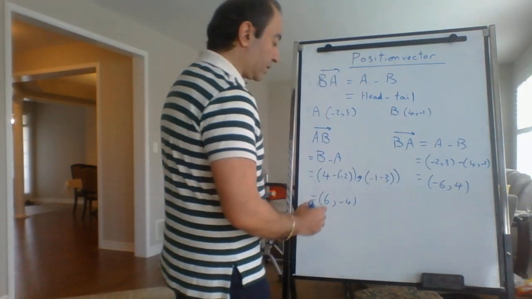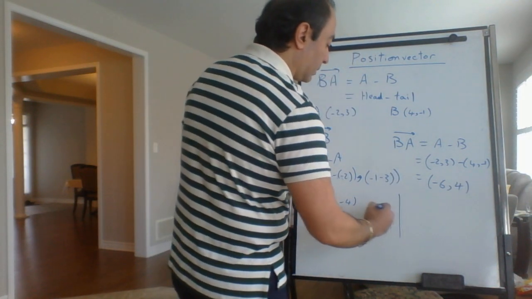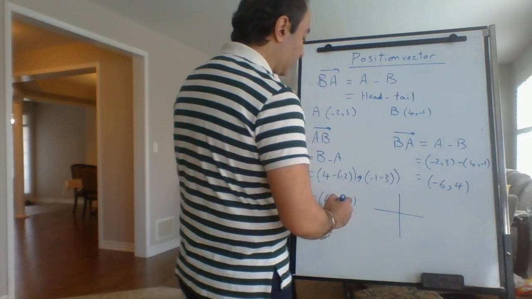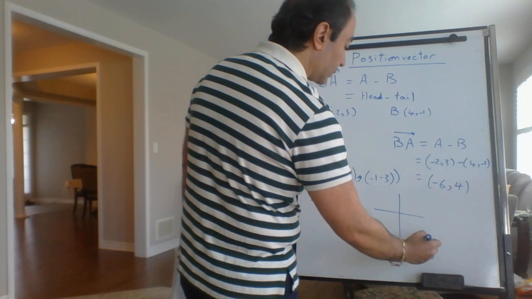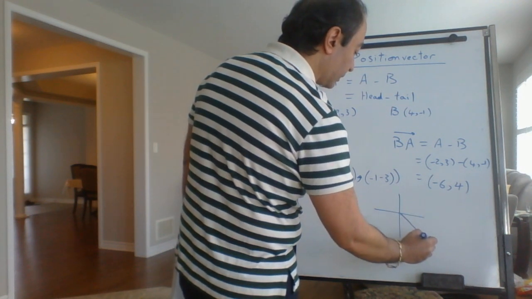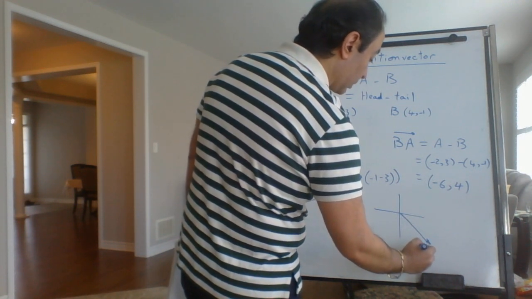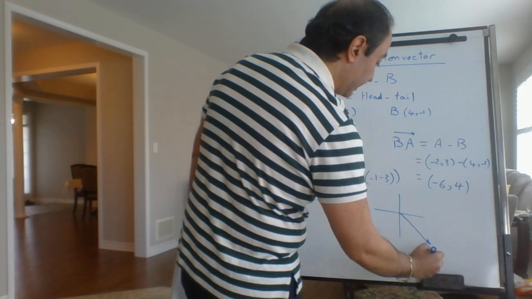And when you look at this, you will find that the position vector that represents AB will be 6 and -4. That is, the coordinates of the head will be 6 and -4.